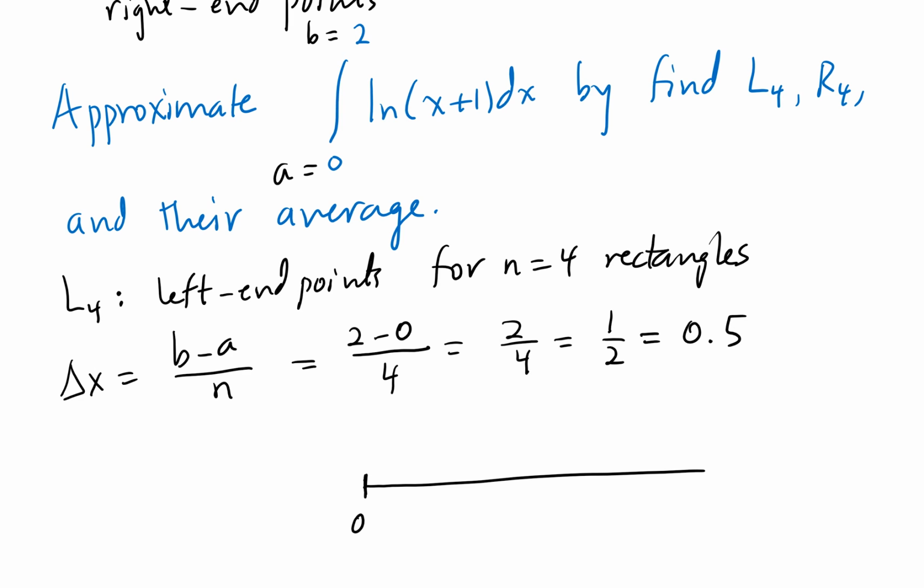It starts at 0, which is given. a is 0. This is a, or x0. x1 is add a half, so x1 is 0.5. x2, add another half. x3, add another half. x4, add another half, and that's the max. It's 2.